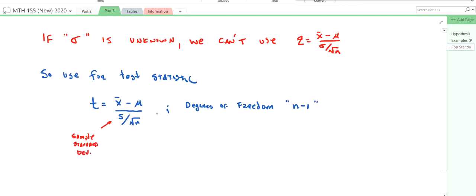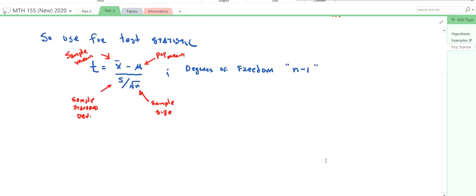We should know this. This is all review material, actually. This is the sample size. This is your sample mean. And this is your population mean. All this information needs to be given in the problem statement.